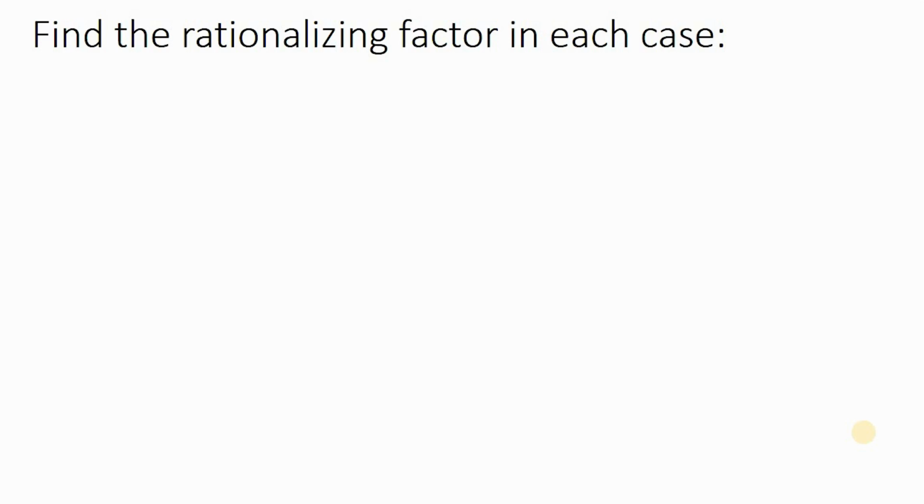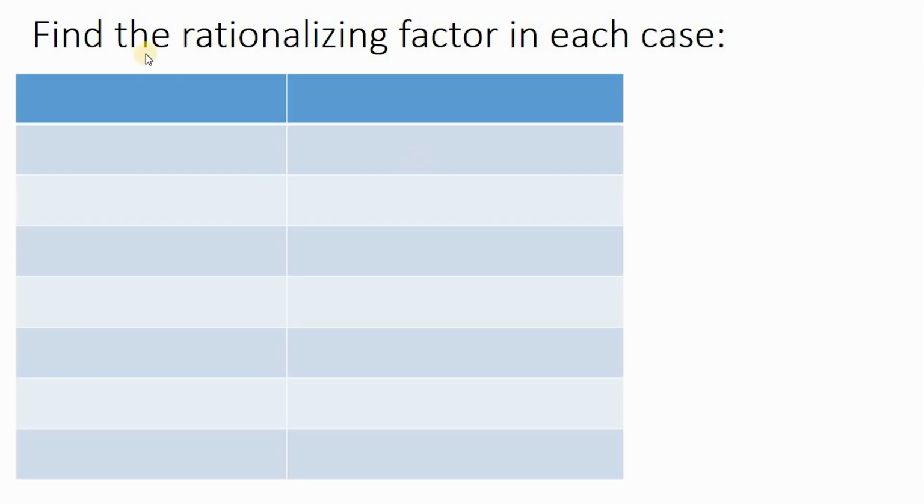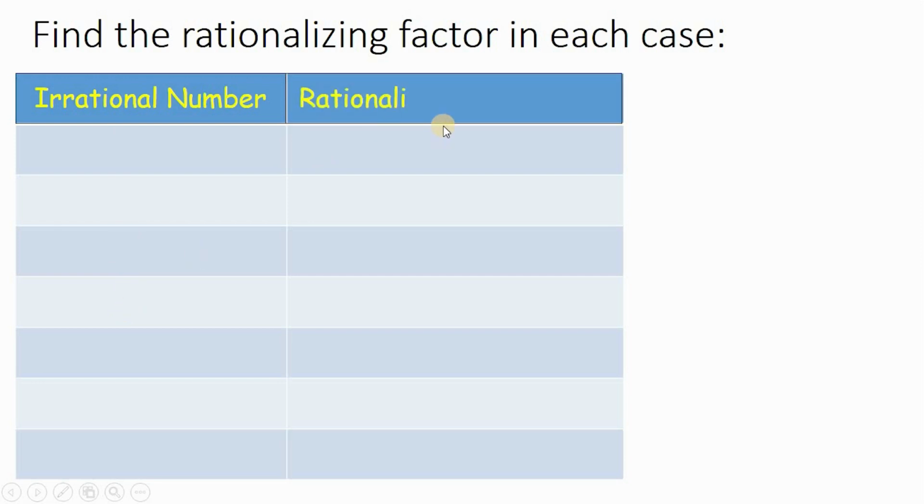These 3 points are very important to be noted. And now in this worksheet, we'll find the rationalizing factor in each case. We'll take two columns. In the first column, I'll write the irrational numbers, and in the second column, we have to find the rationalizing factor of the given irrational number.